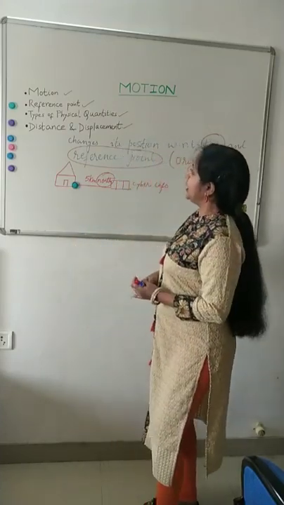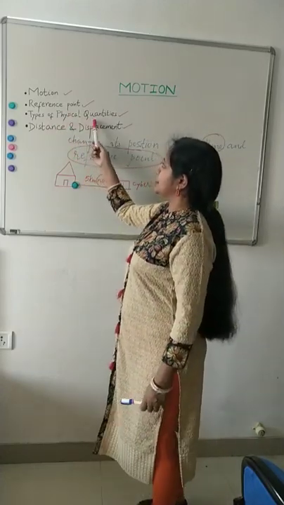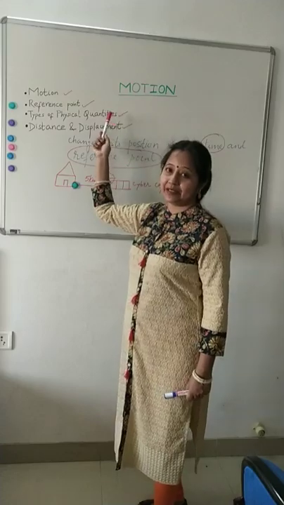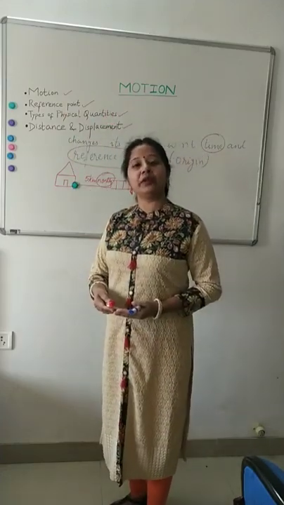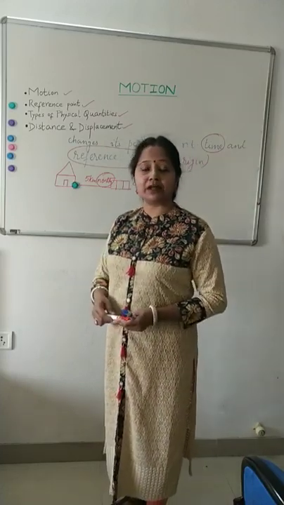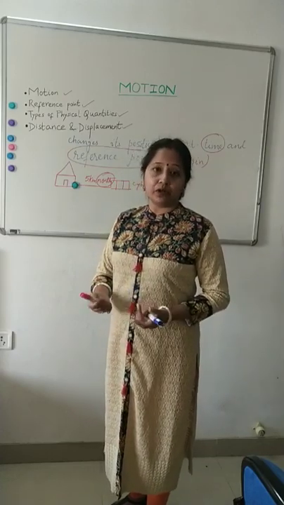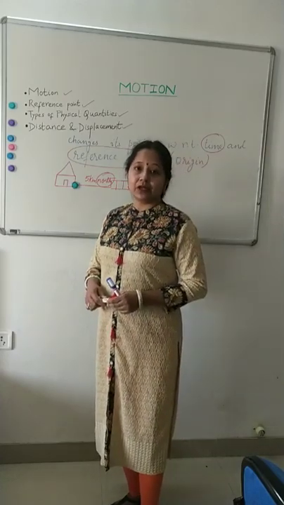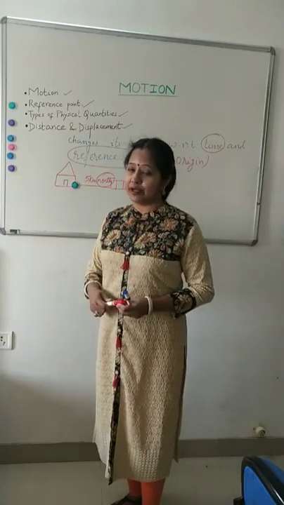Now, I come to another important topic, types of physical quantities. Yes, physical quantities means the measurable quantities. There are so many measurable quantities we are using in our daily life like mass, length, time, force, work, distance, displacement and so many other quantities.